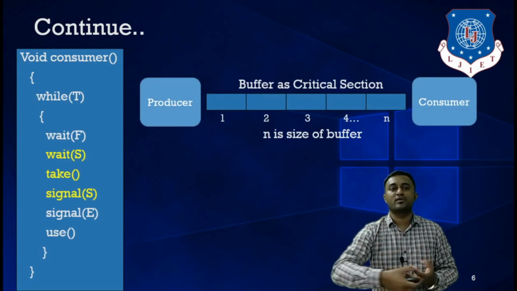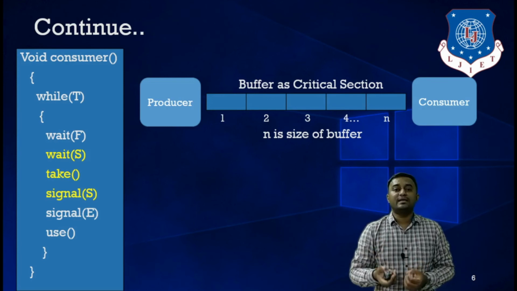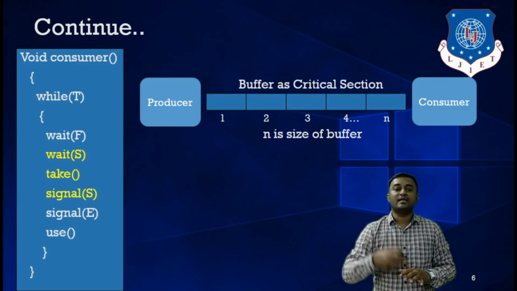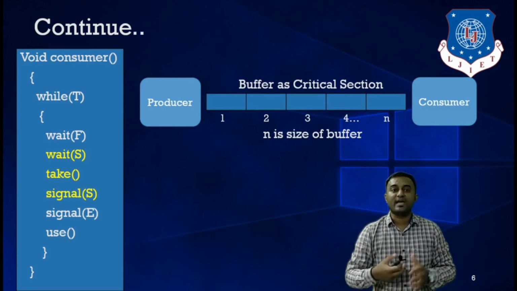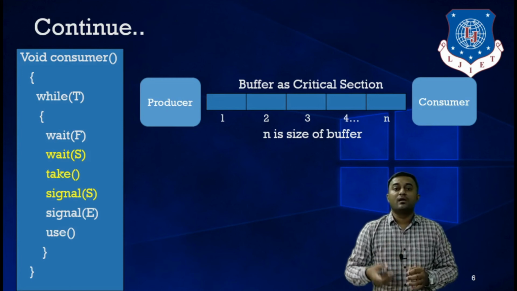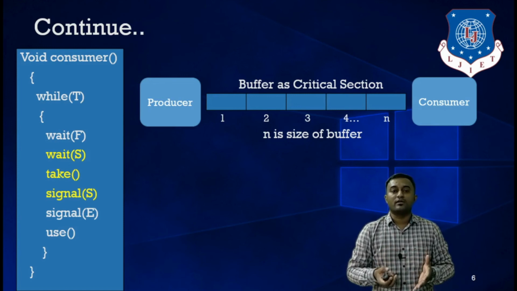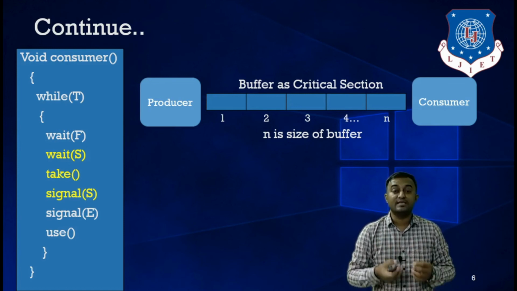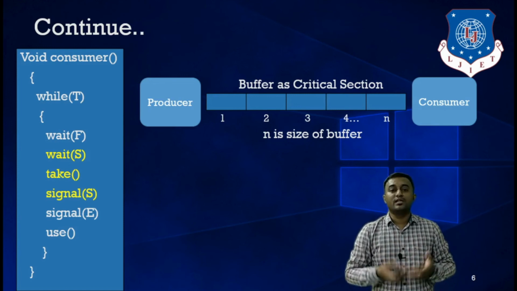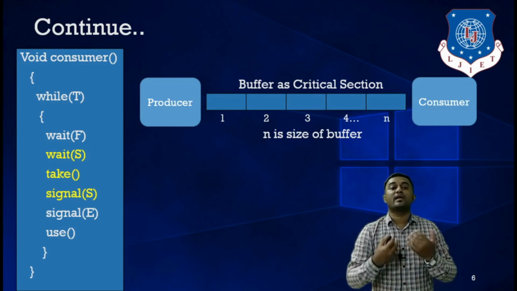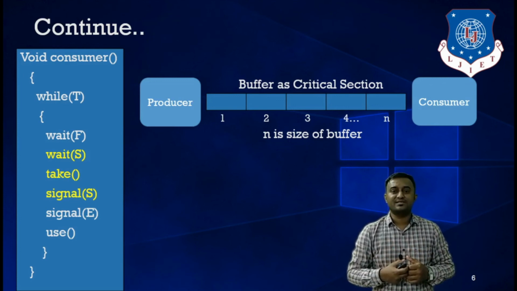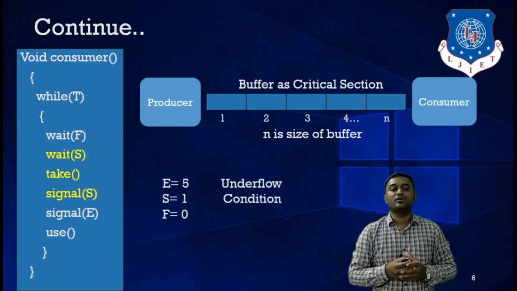When the consumer is consuming something, before executing that task, the consumer has to check whether there is any element in the buffer or not. If there is at least one element in the buffer, then the consumer can consume it. Yes, so that underflow condition we need to check.